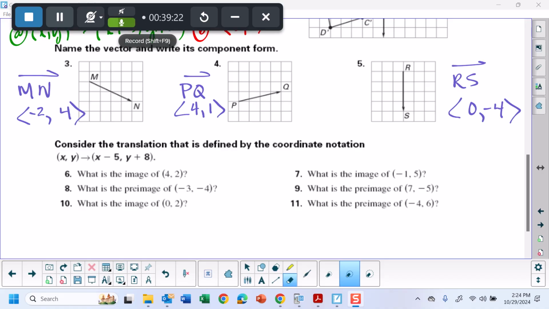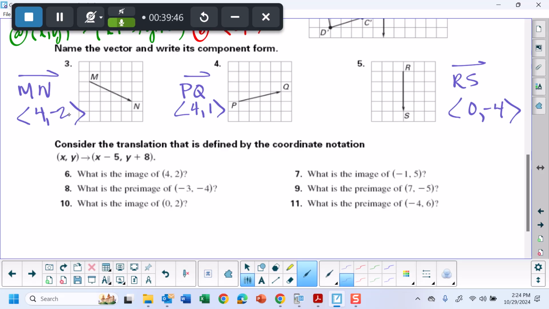Number 3 starts at M, ends at N. In order to get to M, I think I did this backwards. I did slope. Hold on. Wait. Hold on. In order to get from N to M, my horizontal component is 4, my vertical is -2. In order for me to get from P to Q, it's over 4 up 1.